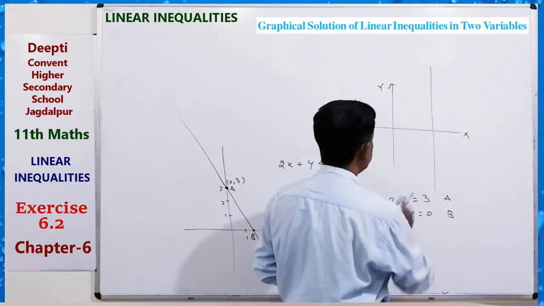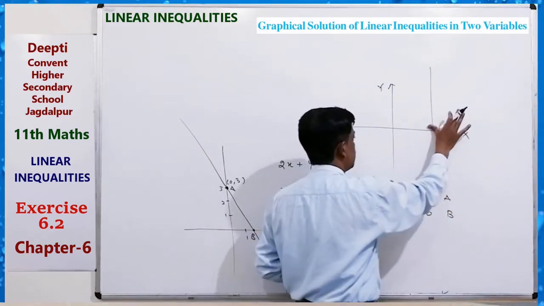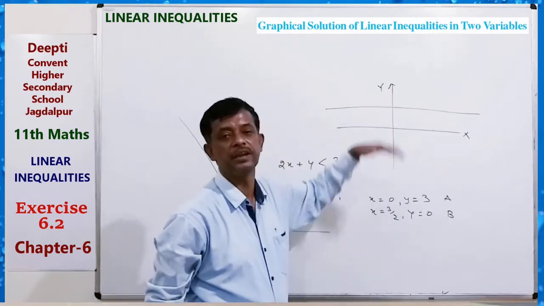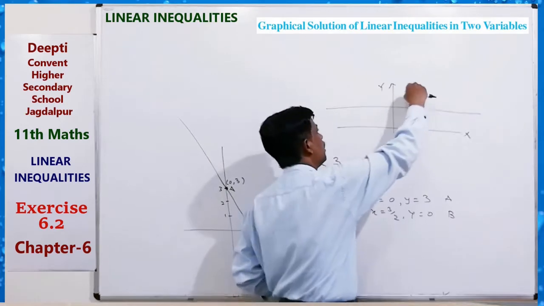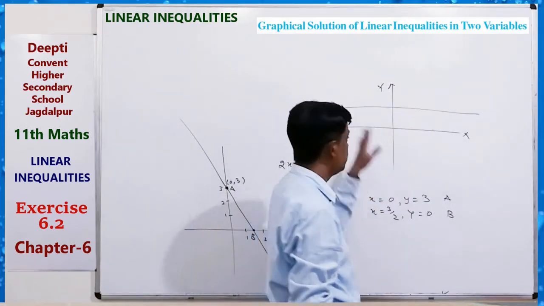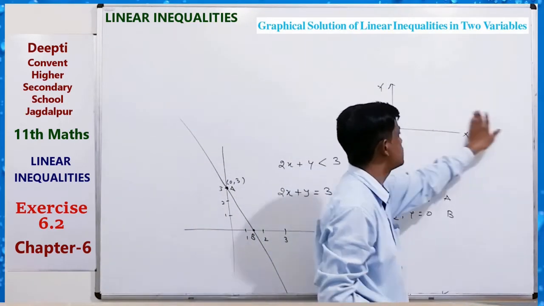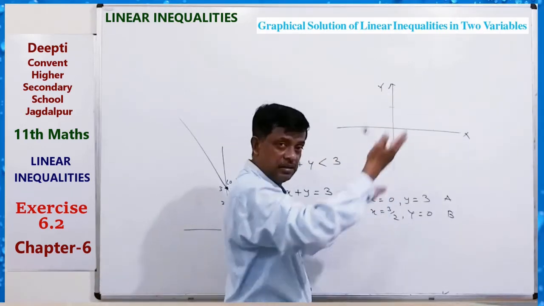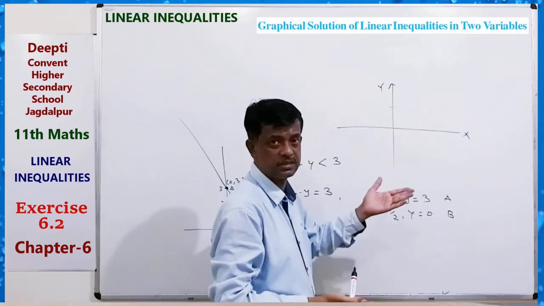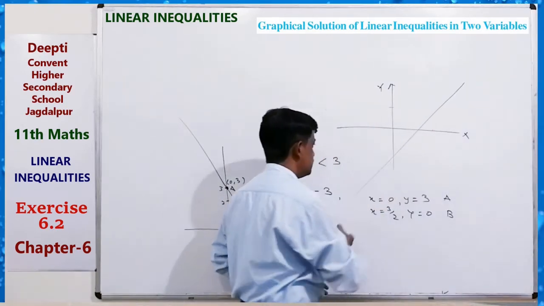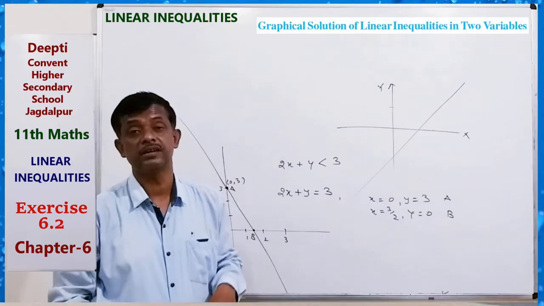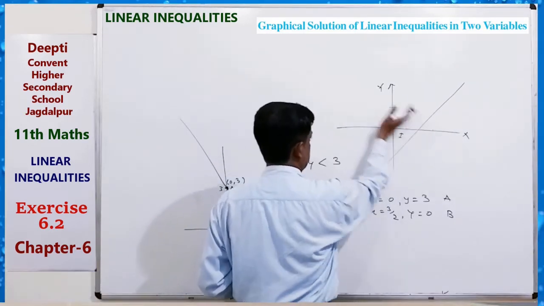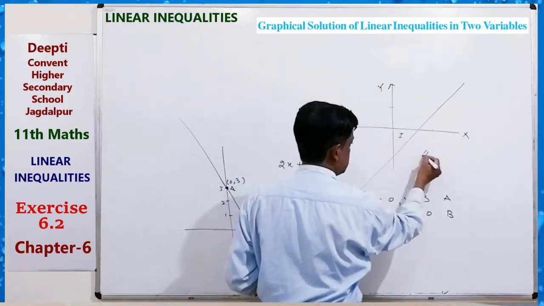A line parallel to the x-axis also divides the plane into 2 parts, upper half and lower half. If lines are not parallel to the axes, the line may be inclined to the x-axis. Suppose the line is this; then it also divides the plane into 2 parts, the first part and the second part.